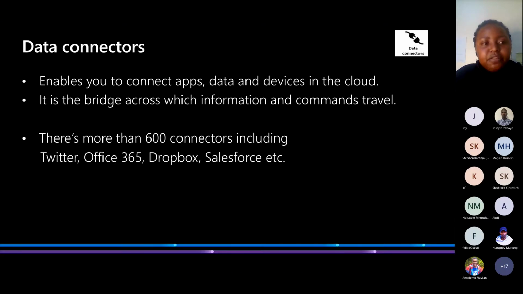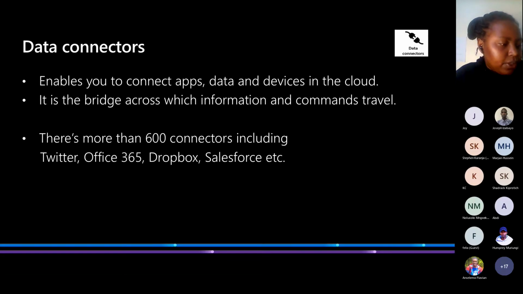So I'm explaining the features that enable the five key products to work together. One of them is data connectors. Data connectors enable you to connect apps, data, and devices in the cloud. It's the bridge across which information and commands travel.